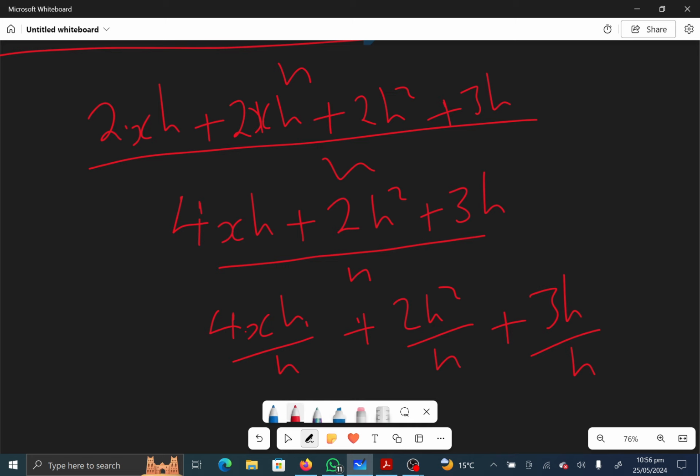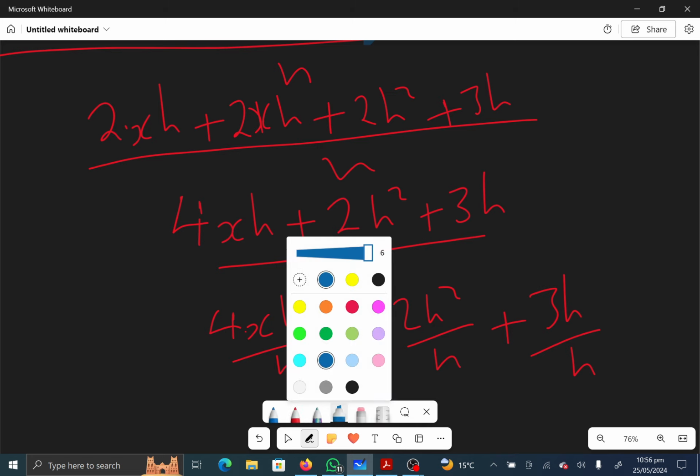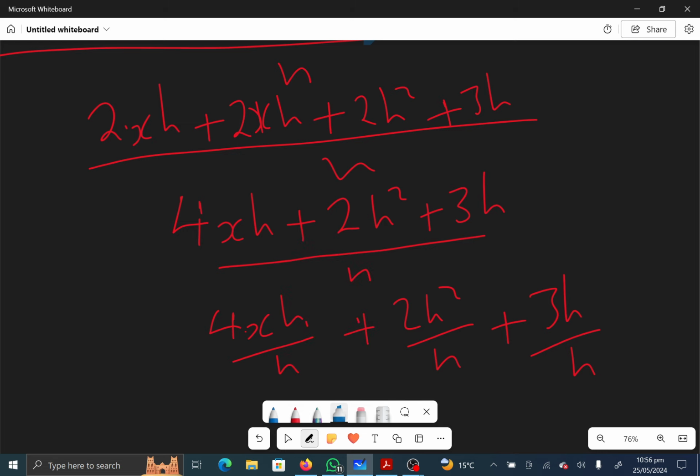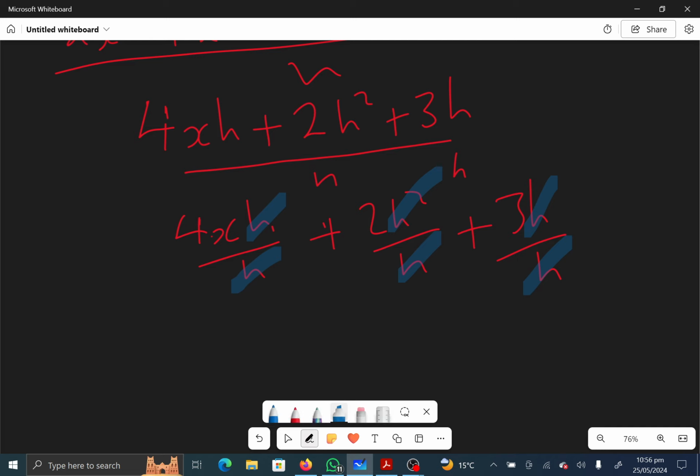So here the h can now cancel. So this h will go with this one, then that h, we will remain with 1h. Then this h will cancel with this h. So then we will have 4x plus 2h plus 3.